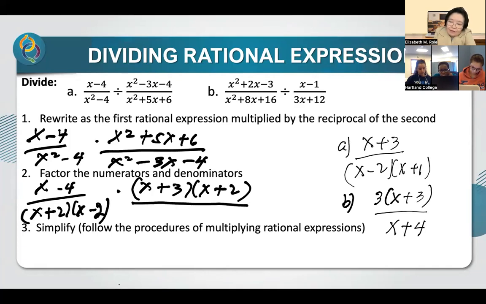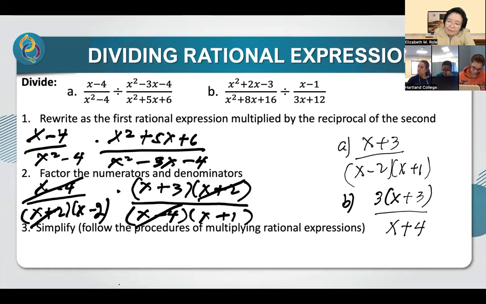And for this, the factors are x minus 4 and x plus 1, because 4 times 1 is 4, and minus 4 plus 1 is minus 3x. Then you cancel the x plus 2. What remains is x plus 3 over x plus 2 times x plus 1. So after canceling, we are good.